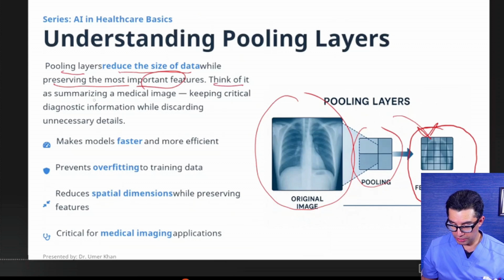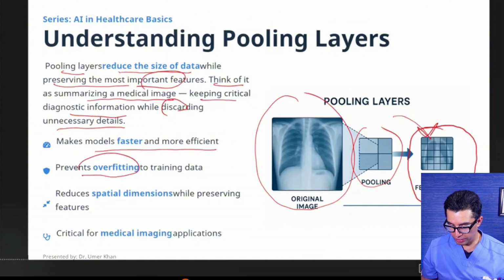Think of this as summarizing a medical image, keeping critical diagnostic information while discarding unnecessary details that we are not looking for. So this makes the models faster and more efficient, and prevents overfitting to training data. You can go between high definition and low definition, and it helps preserve all the features that you need. And this is critical for medical imaging applications.